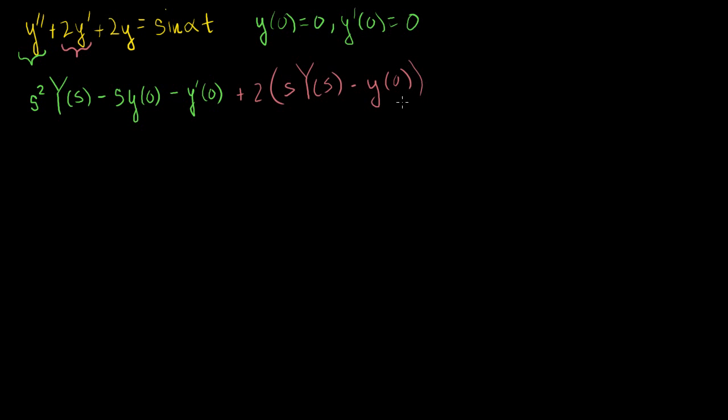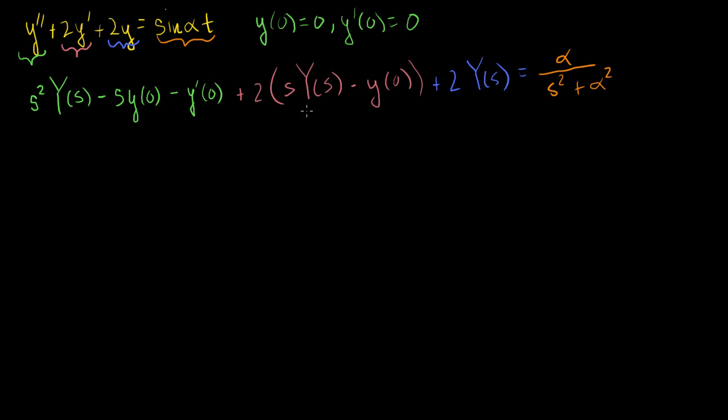The Laplace transform of 2y is just equal to plus 2 times the Laplace transform of y. And then that's going to be equal to the Laplace transform of sine of alpha t. We've done that multiple times so far. That's just alpha over s squared plus alpha squared.